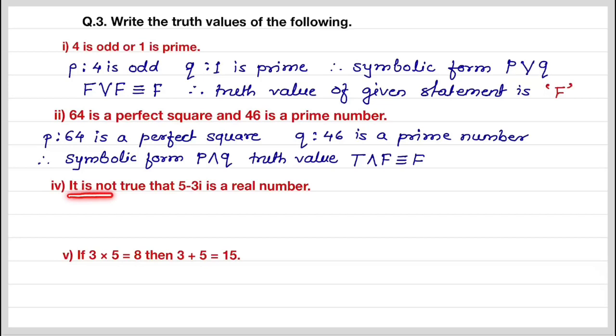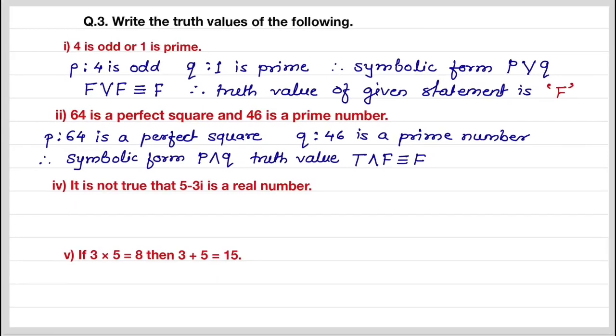Example number 4. It is not true that 5 minus 3i is a real number. Here, which connective is used? Not. Not is applied to the statement. That means it is a negation.